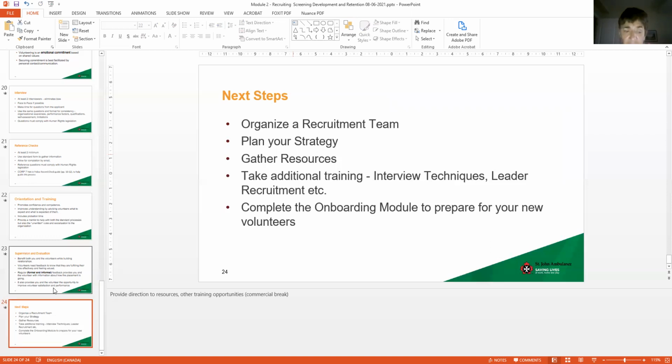Part of this as well is what I'm going to have to do, or this committee is going to have to do, is develop basically a facilitator manual. Because this particular learning module is going to be done live.